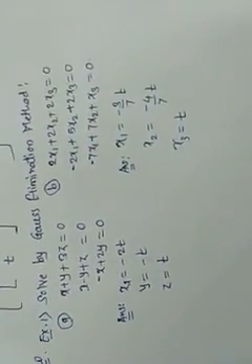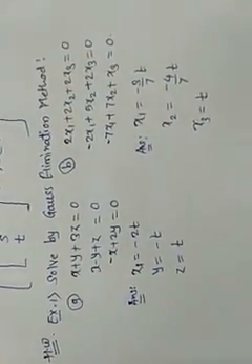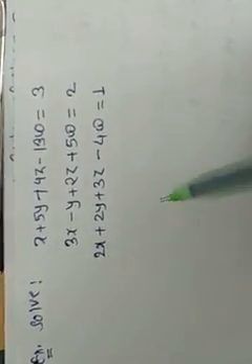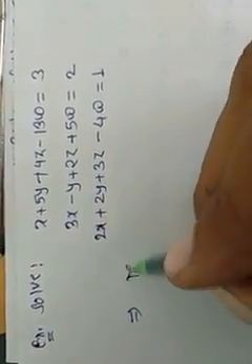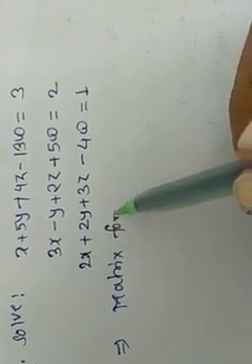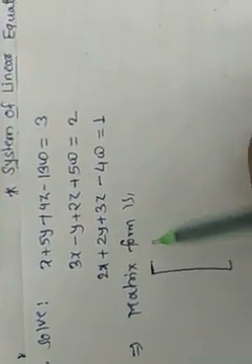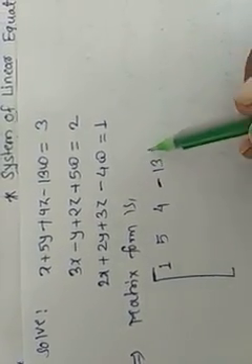Now we see about a system of linear equations which does not have a solution. The example is this. We first write it in matrix form. From the first equation, the coefficients are 1, 5, 4, minus 13.